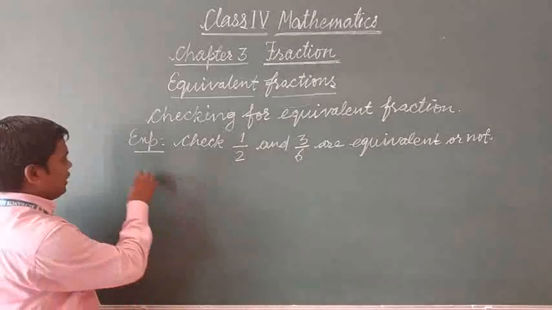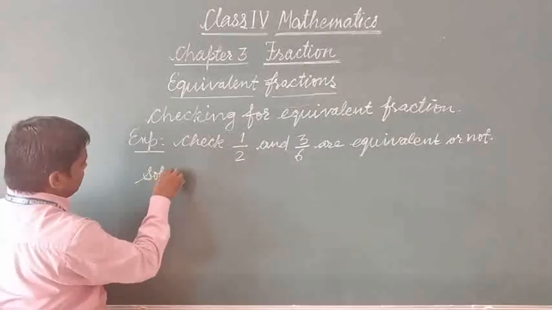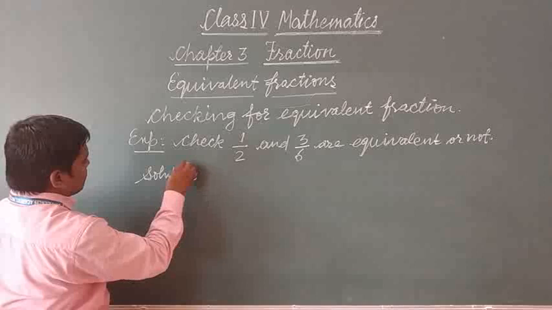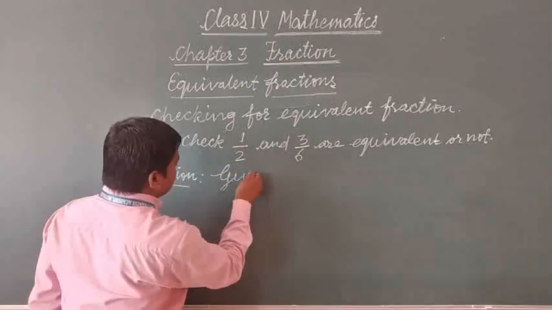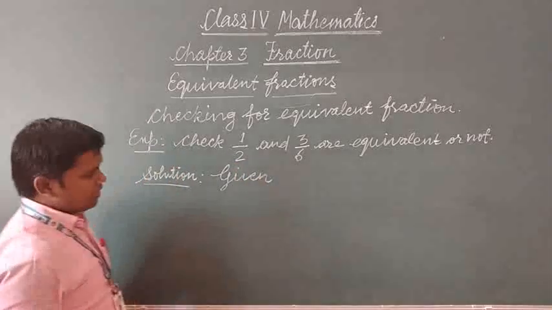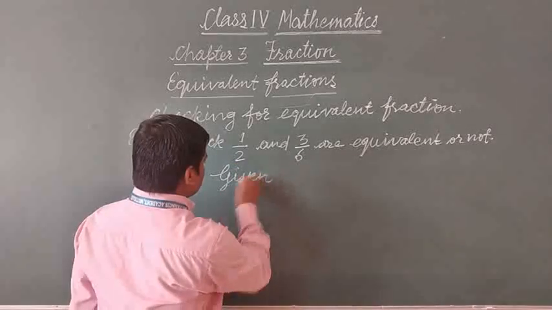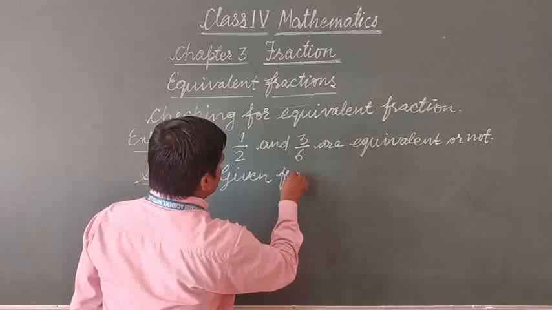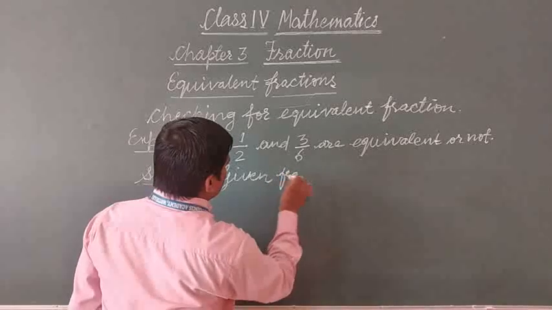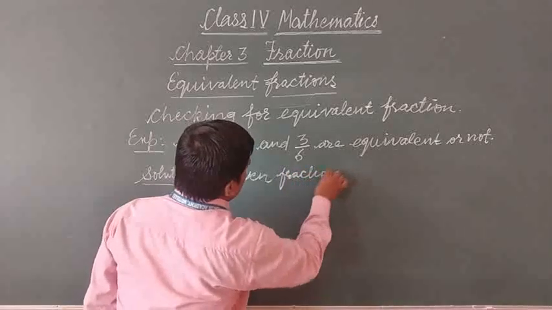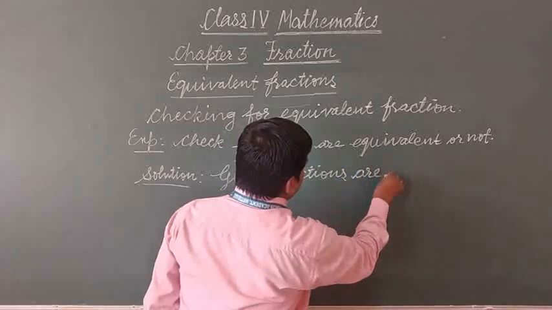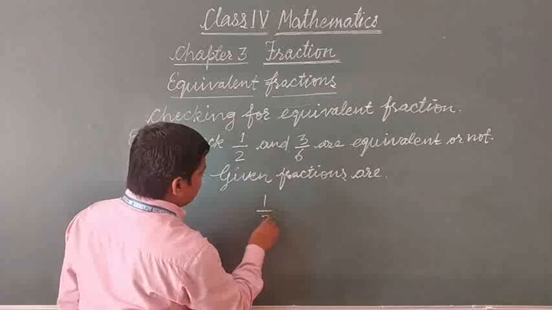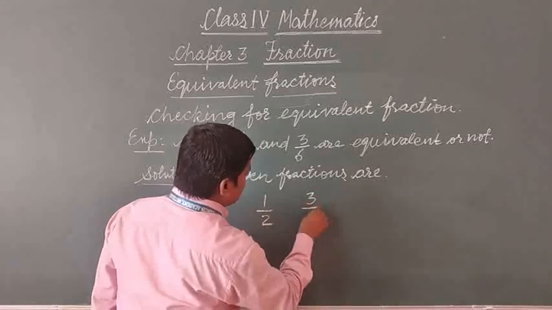So we write the solution here. Solution. Given fractions are 1 by 2 and here we write 3 by 6.